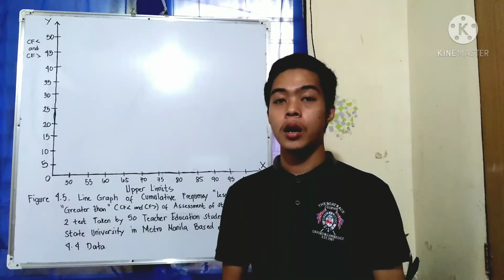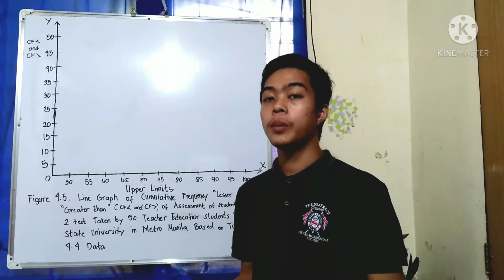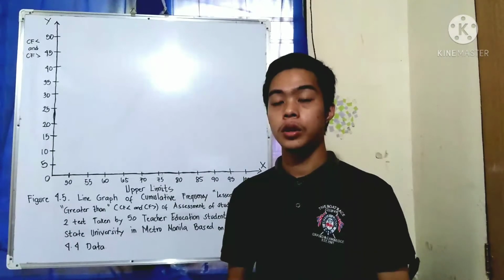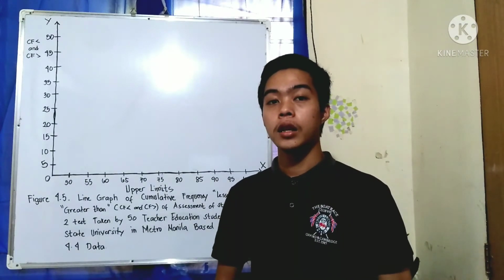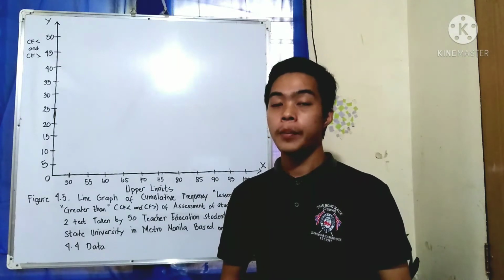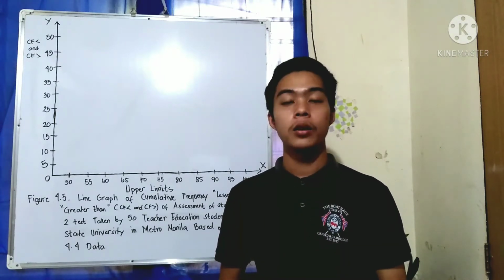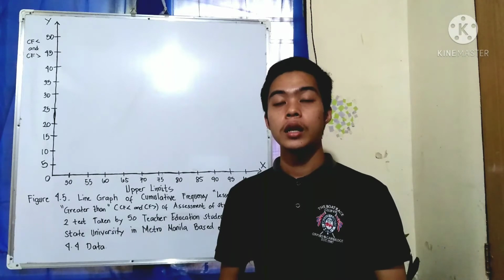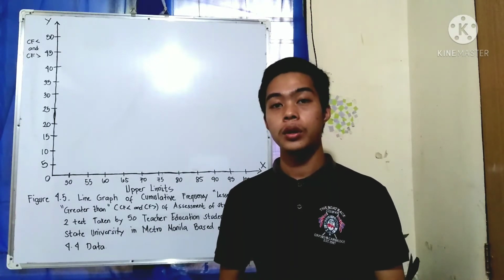Without table 4.4, you cannot plot the dots if you do not know how to get the upper class limits and the cumulative frequency less than and greater than.